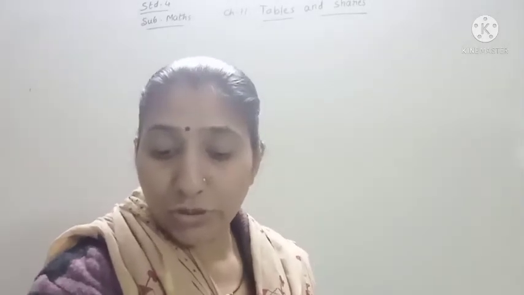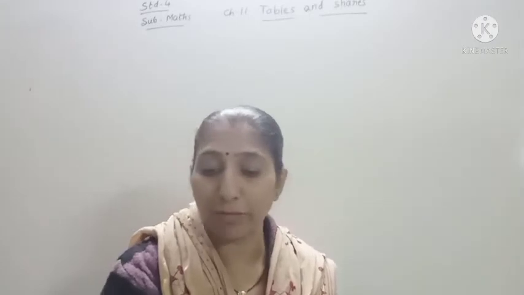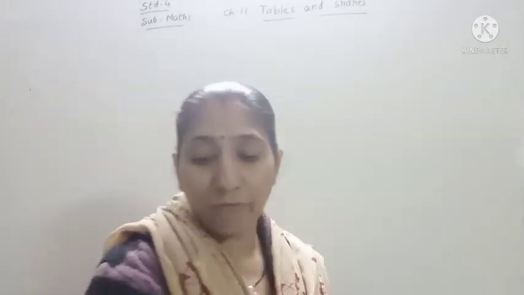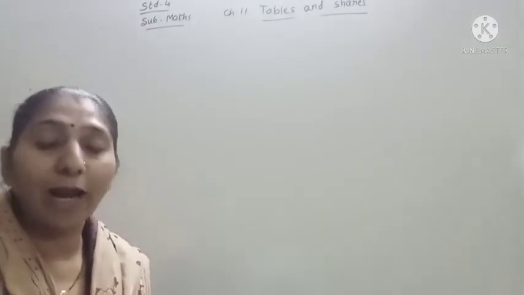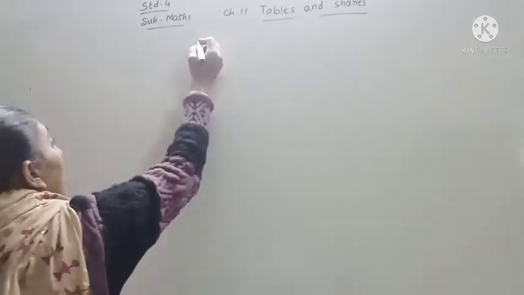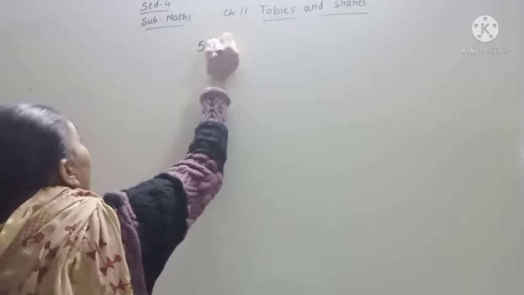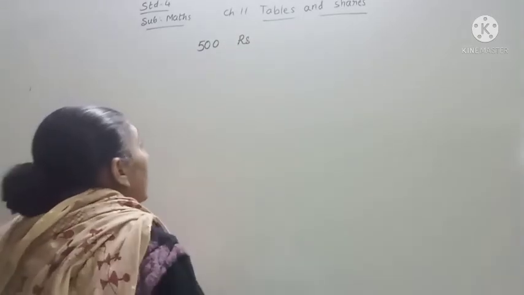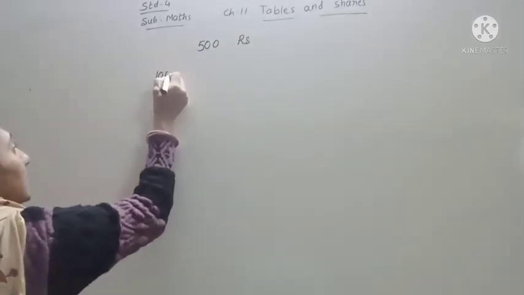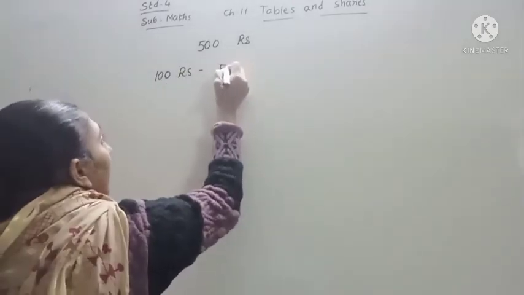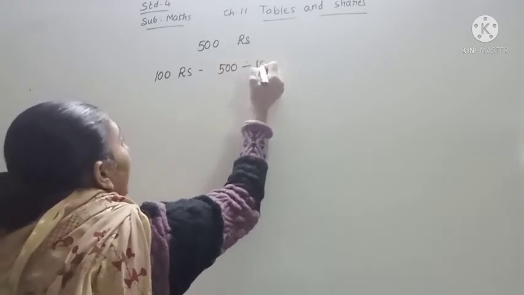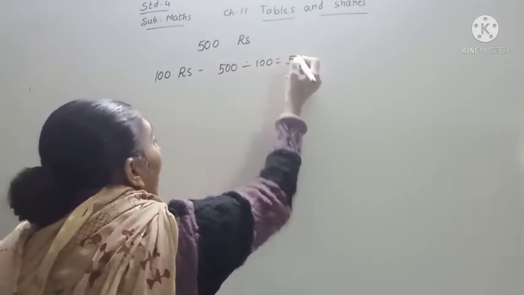Rabia wants change for rupees 500. How many notes will she get if she wants in return 100 rupee notes, 50 rupee notes, 20 rupee notes, or 5 rupee notes? So if all are 100 rupee notes, how many does she want? 500 divided by 100 is equal to 5.